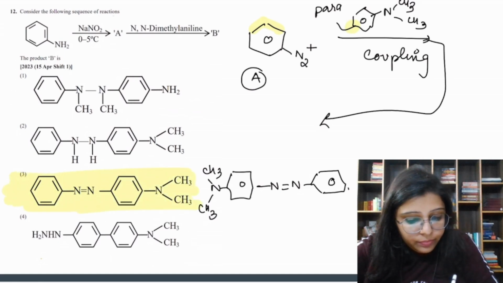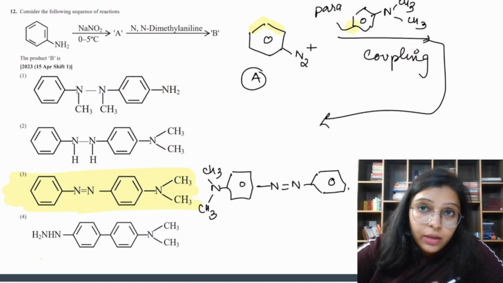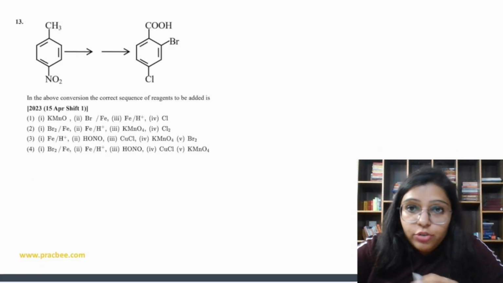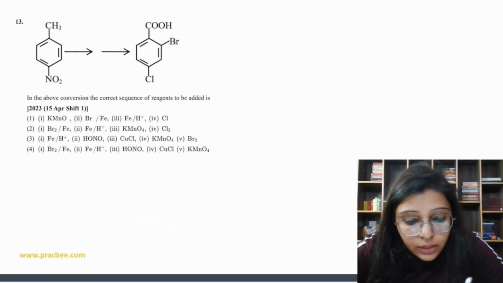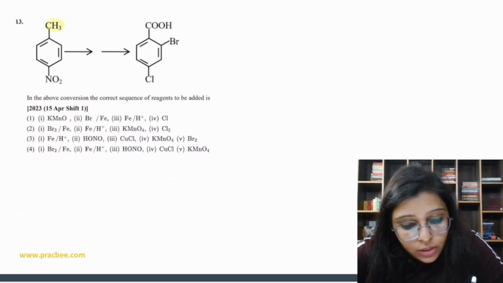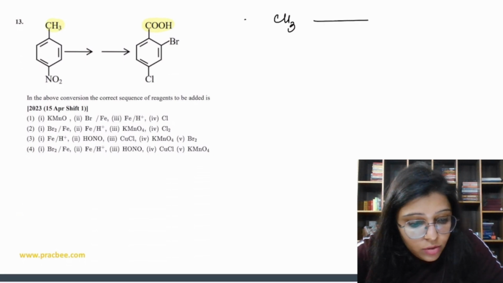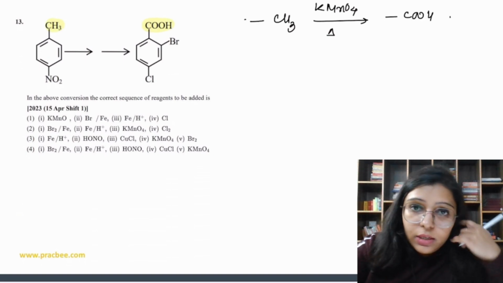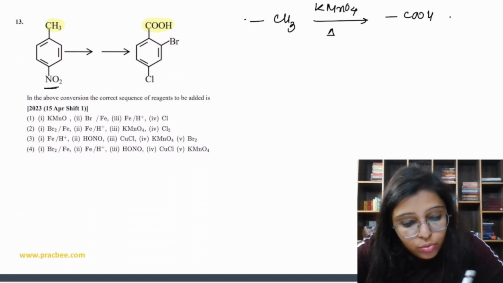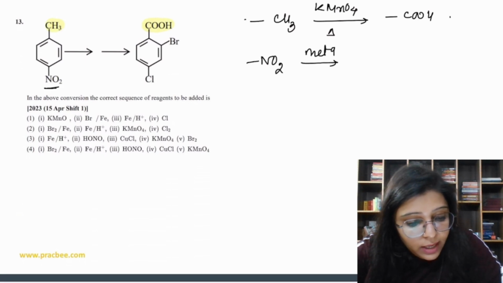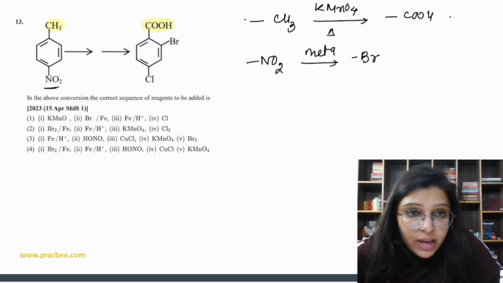Clear? That's it. Now next question, CH3, NO2, and we get this. Okay, CH3 to CHO can be converted in the presence of KMnO4 and heat. So CH3 is converted to COOH. Okay? NO2 meta position, we get Br. So it means we have to do electrophilic aromatic substitution.